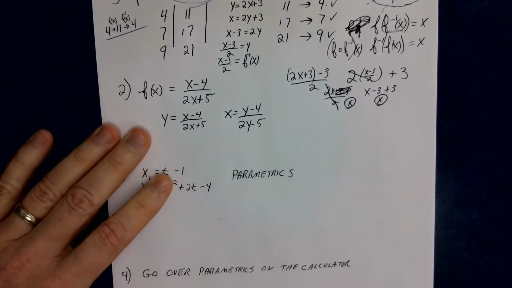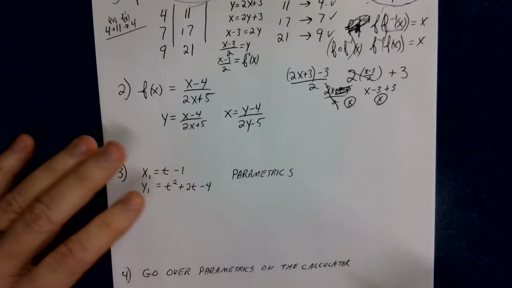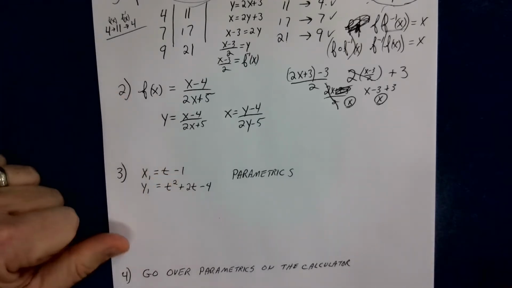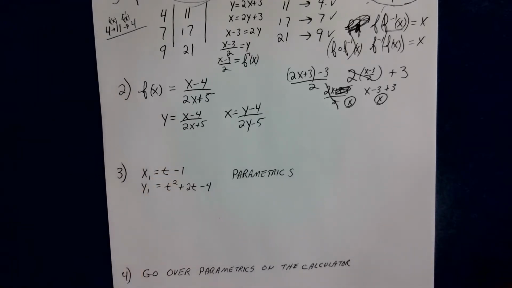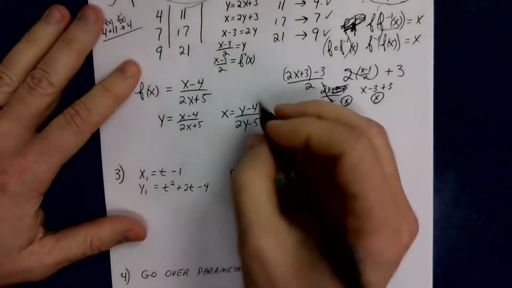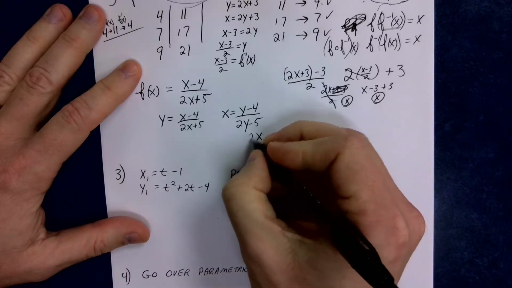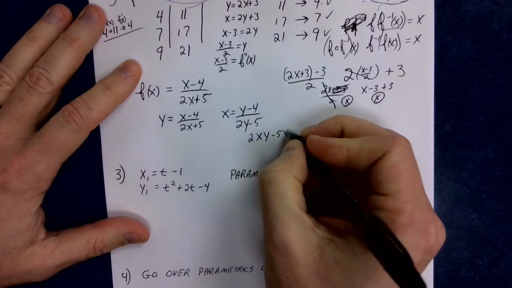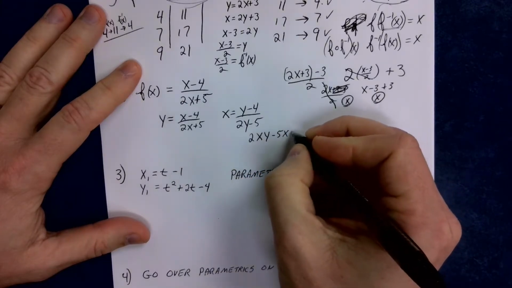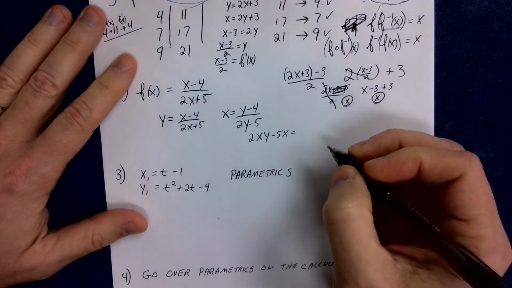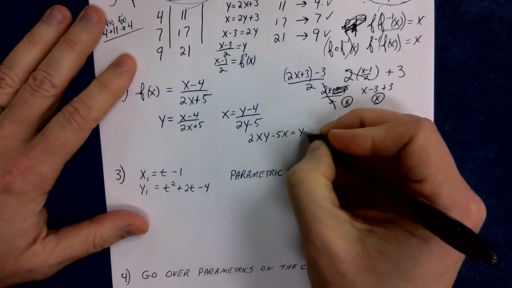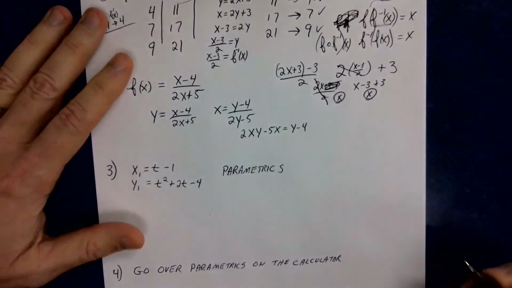And in class, I'll let you try this on your own for a long time, and you'll be like, oh, this sucks, and it can't work, and it's not possible. And then I'll show you this. So we're going to multiply over here. I'm going to get 2xy plus 5x equals y minus 4, right?